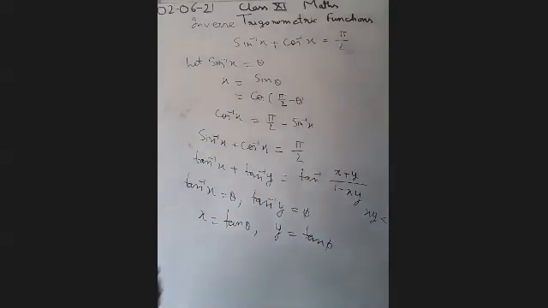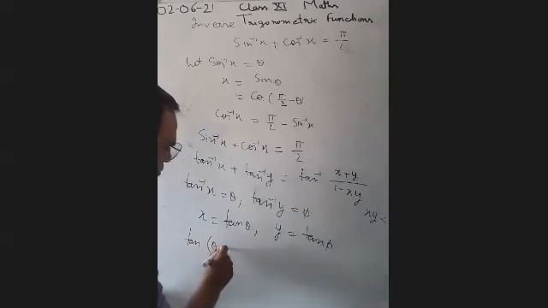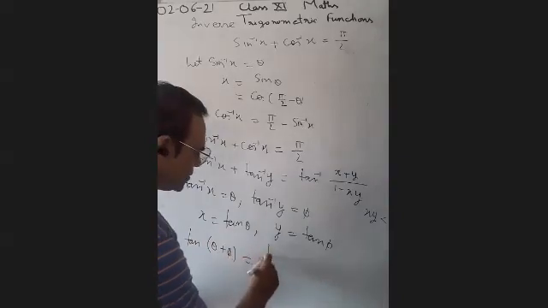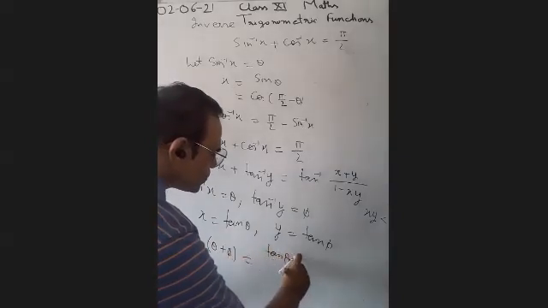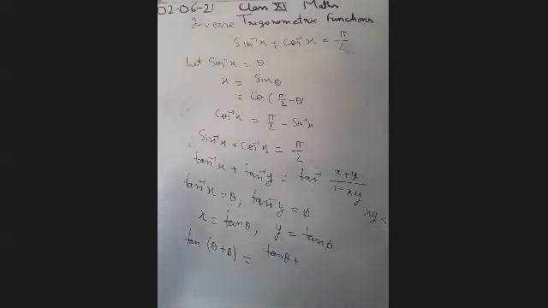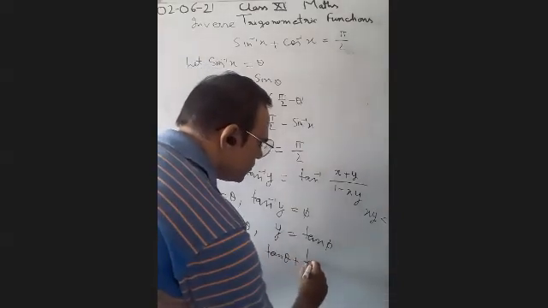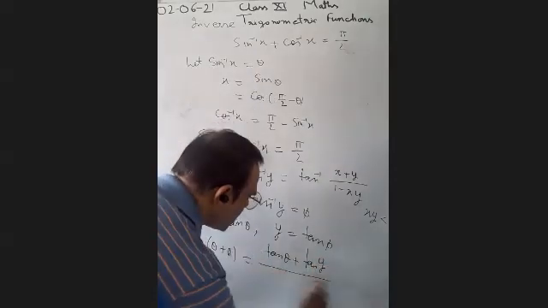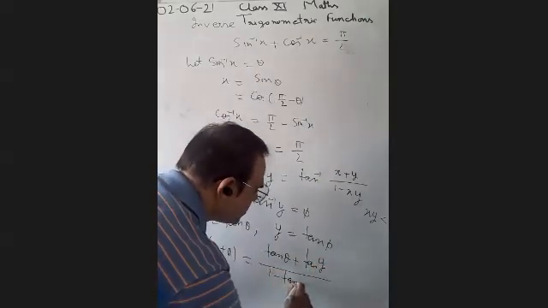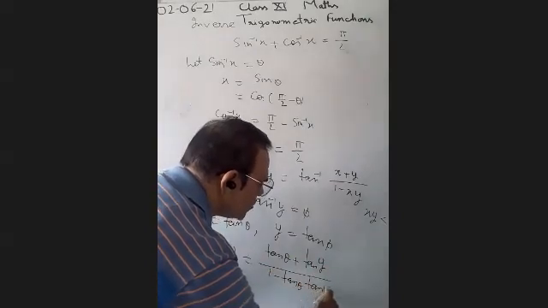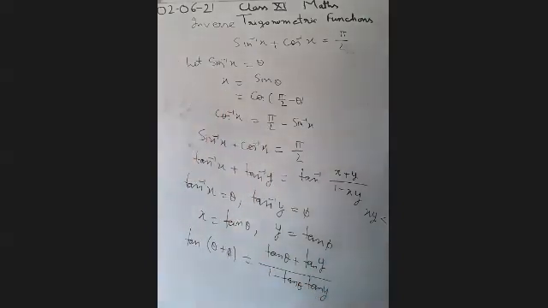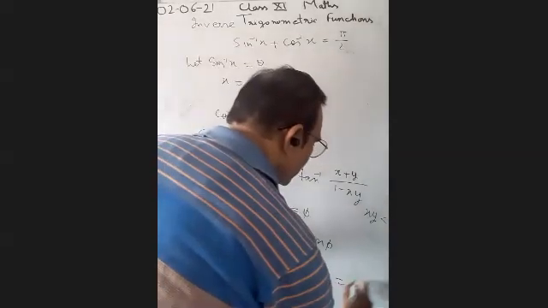Now you can apply the formula of tan of theta plus phi, which equals tan theta plus tan phi upon 1 minus tan theta tan phi. If we now put the value of tan theta equal to x, we get x plus y.